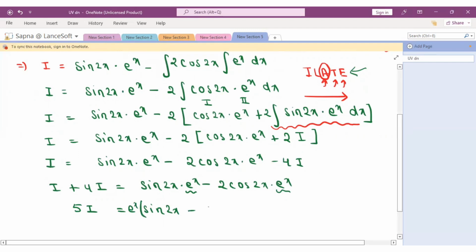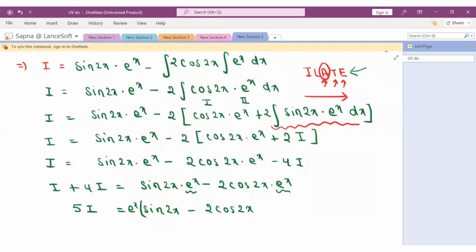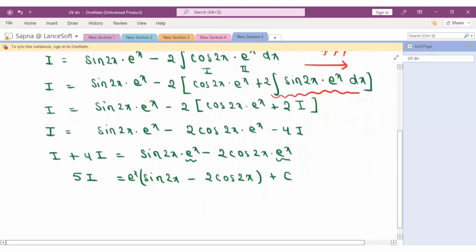And since we wanted to find the value of I, I'll just keep I as it is, but I'll shift this 5 to the other side. All right, so if I just shift 5 to the other side, okay, here I forgot to write down the constant of integration because definitely we can see that this is not a definite integration, this is an indefinite integration.